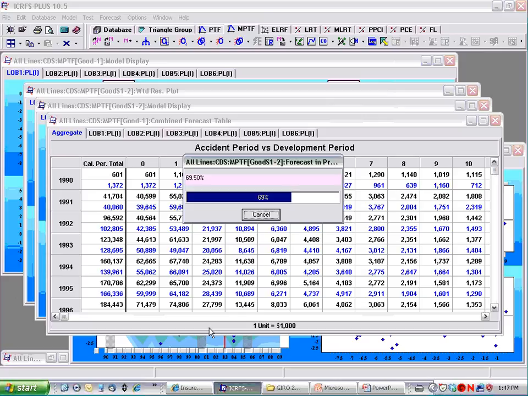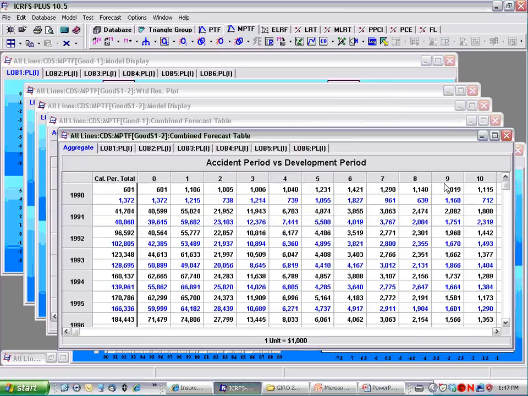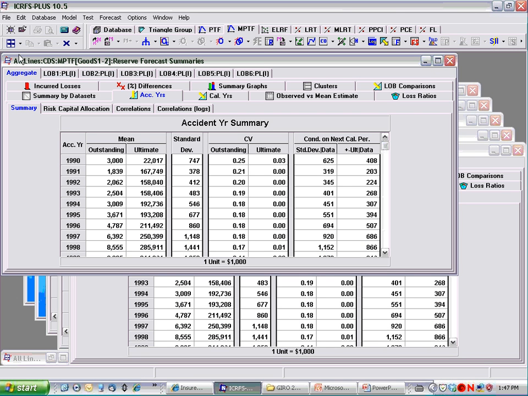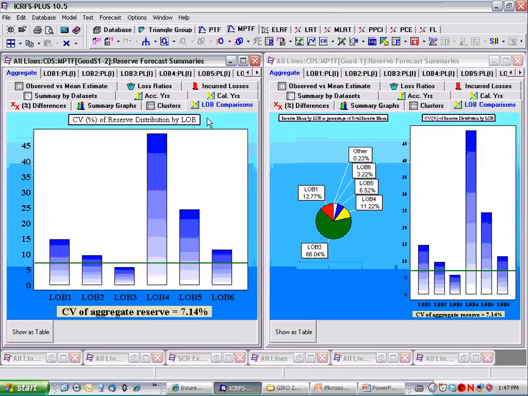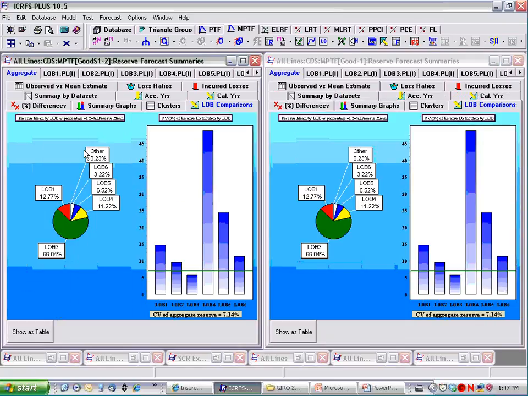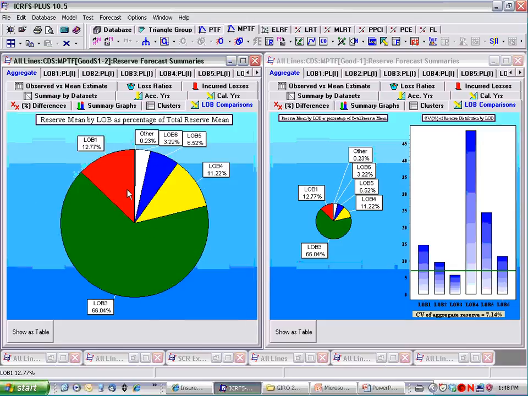Let's look at the forecast summaries, just to remind ourselves which is the most volatile and which is the largest proportion. These two summaries should be identical, since we use the same forecasting scenario going forward. You might remember that LOB4 is the most volatile. LOB3 has the lowest CV, but LOB3 is the largest line of business.